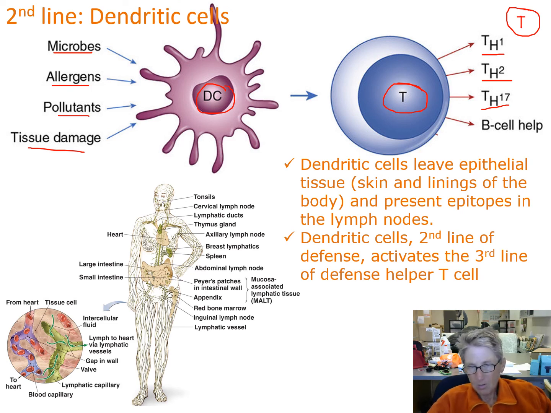But the dendritic cells live in the skin. They bind to the bacteria or the pathogen of interest, and then they leave the epithelial tissue and travel in lymph and present epitopes that they chopped up from the bacteria in the lymph nodes. So this is just a cartoon of the lymph nodes.